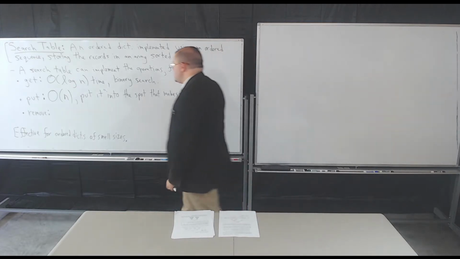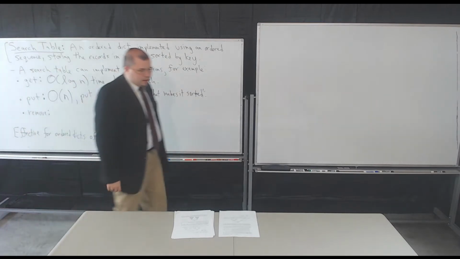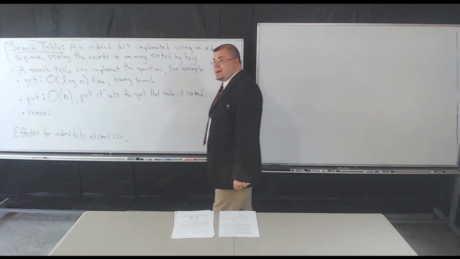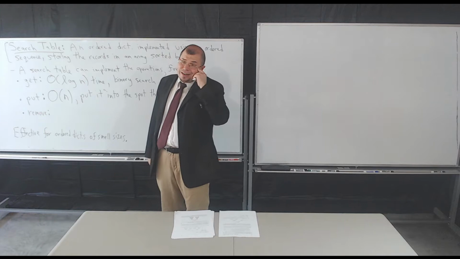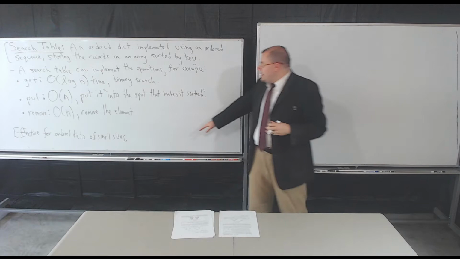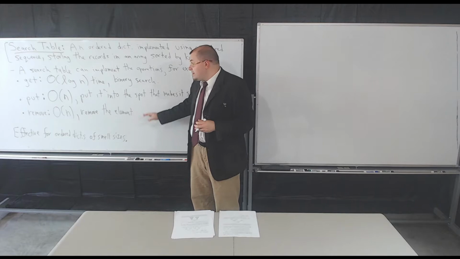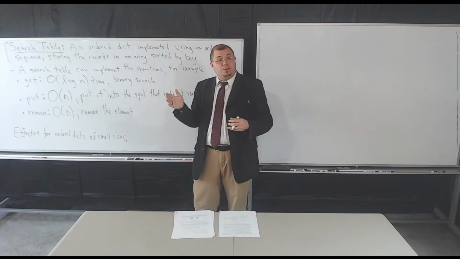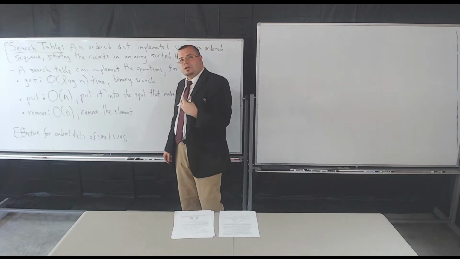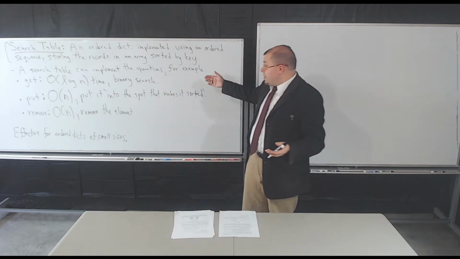So, how about remove? How long would it take me to remove an element from this sorted array? Now, the first thing you might think is, okay, the array is already sorted, so how long will that take? You're removing the element with a given key, which means it's going to be anywhere within that sorted array, which would require me to do basically this again, where I find the spot where it belongs, which I can always search for using binary search.